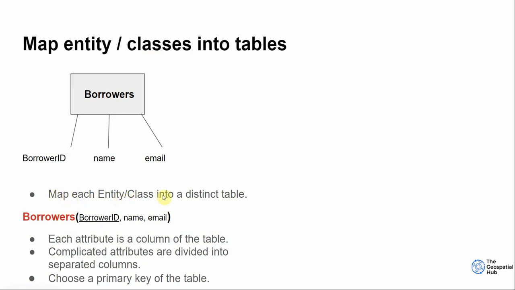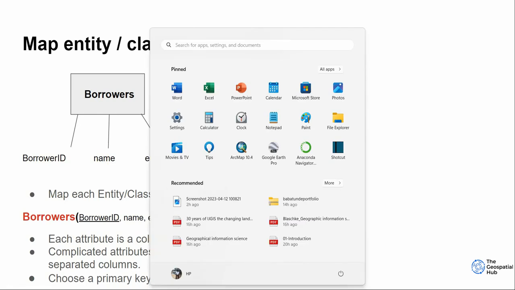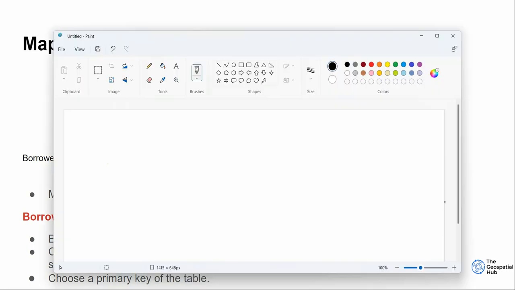That's what this is trying to say: map each entity or class into a distinct table. The next thing is that each attribute is a column of the table. All these attributes would eventually form the columns of the table. Let's look at something like this, just to bring the point home properly.